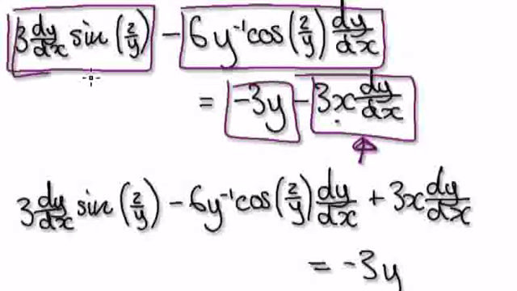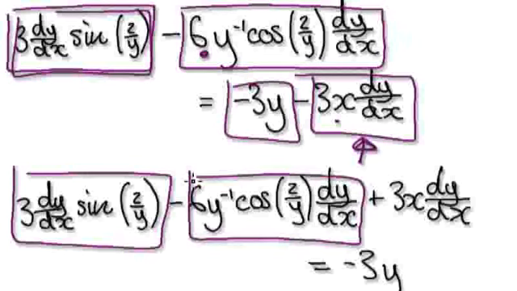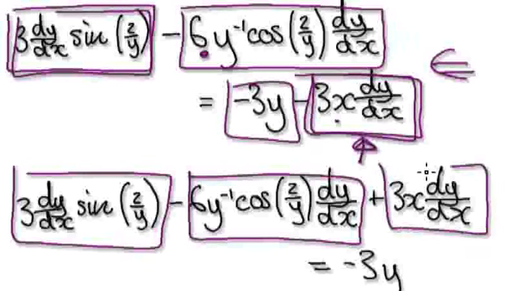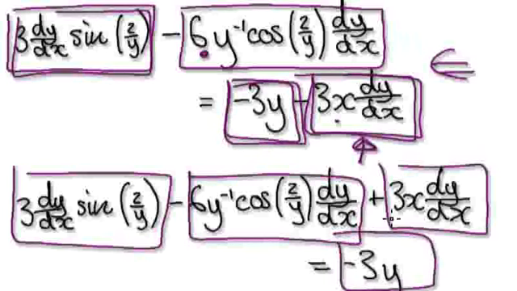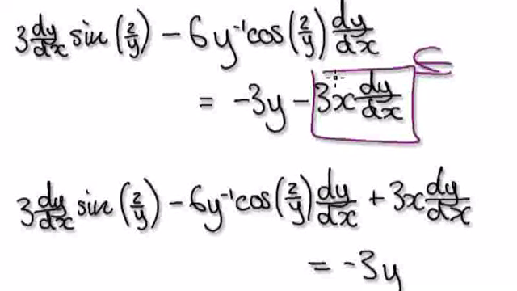So this block here on the left hand side is this here. This block here is this block here. And don't forget, we're going to add this block to both sides. That will then give us this. And then on the right hand side, it's just simply 3 minus 3y. Okay, so basically from here we're just adding this block to both sides.